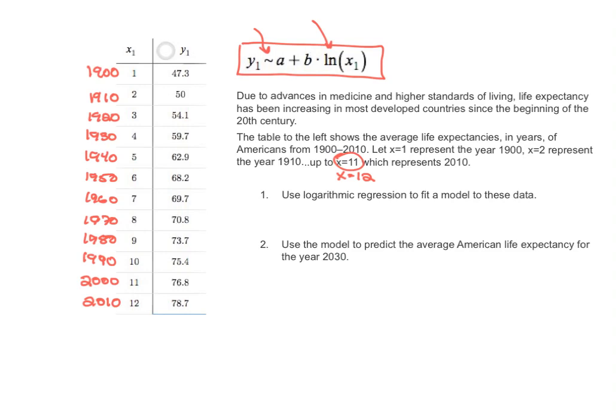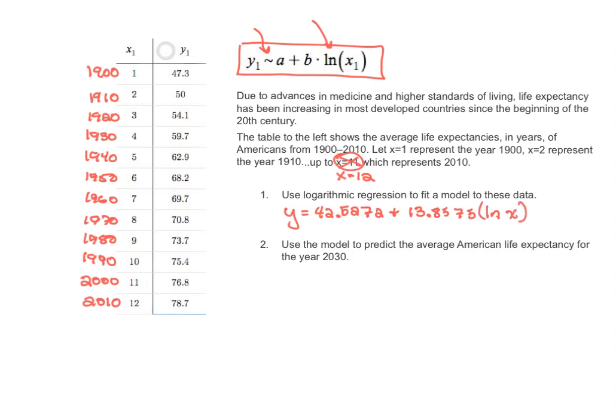I'll be back in 1 second. So I did the regression, and my a value is 42.5272. I'm going to round to 4 decimal places, plus my b value, which is 13.8575, and that's going to be times the natural log of x.